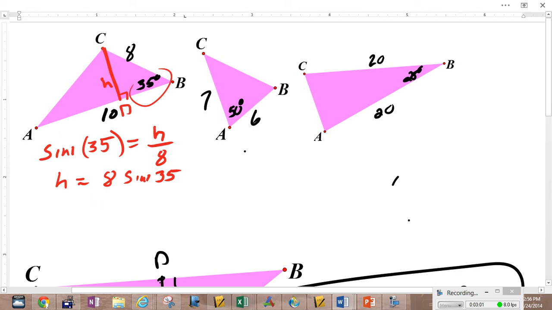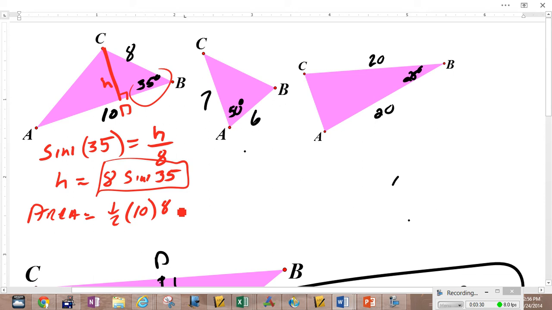And so now that I have my height, I can find my area, which is going to be what? It's going to be 1/2 the height times the base. And what's the base? The base is AB. Well, the base AB is 10, so it's 1/2 of 10 times the height, which has been determined up here as 8 times the sine of 35.